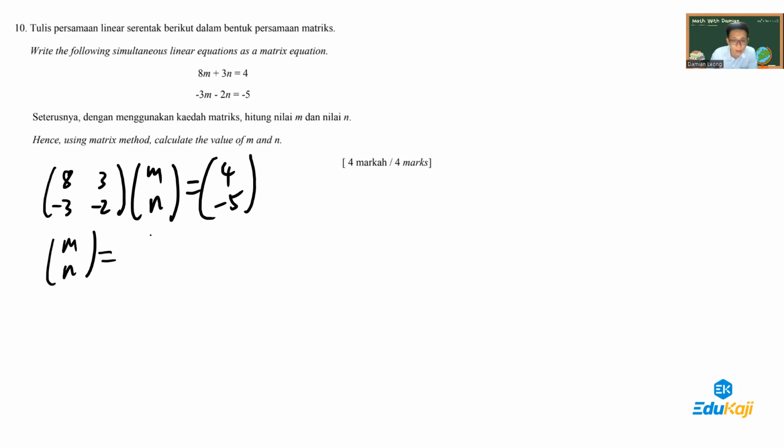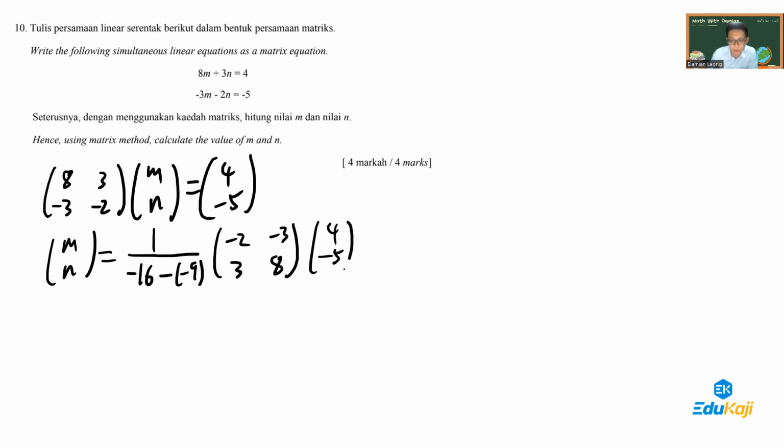So mn is 1 over AD, 8 times -2, -16, minus BC, -3 times 3, -9, switch A and D, -B and C, times 4, -5. So this is -16 plus 9, 7, -7.